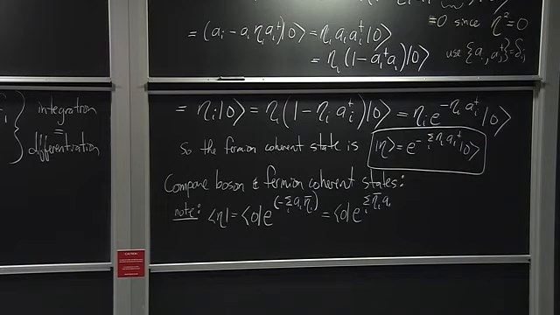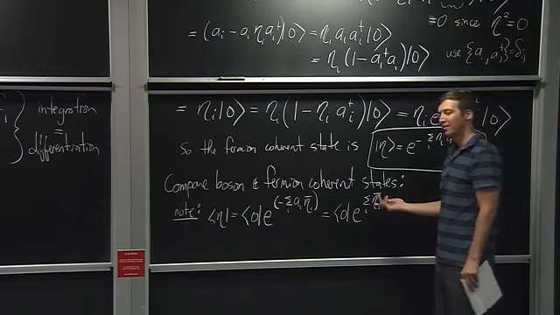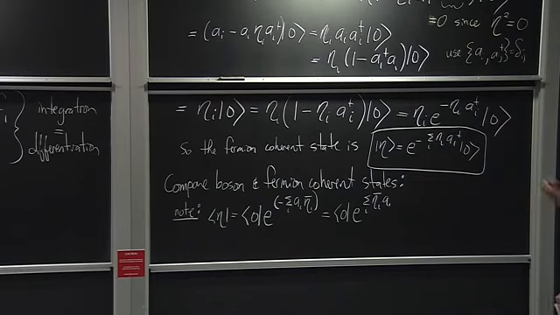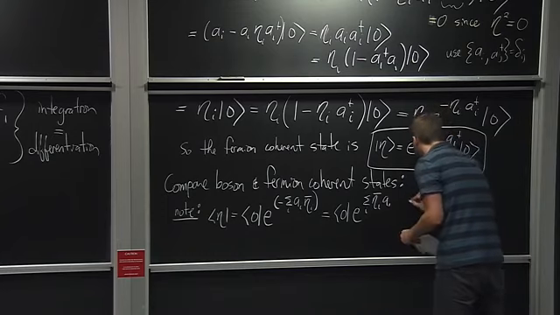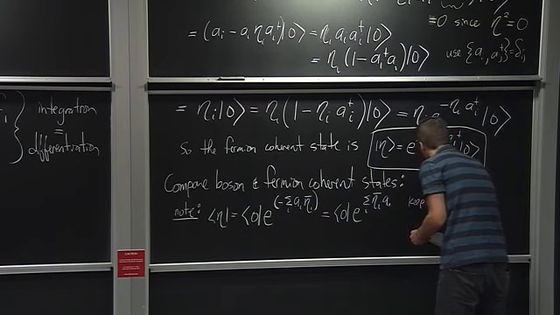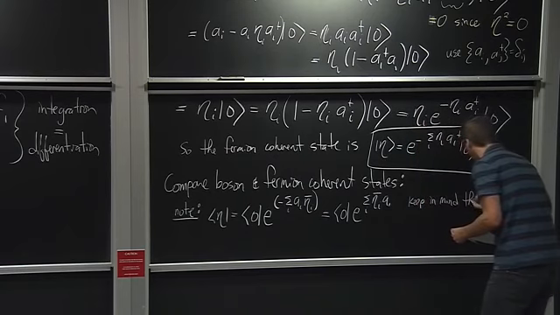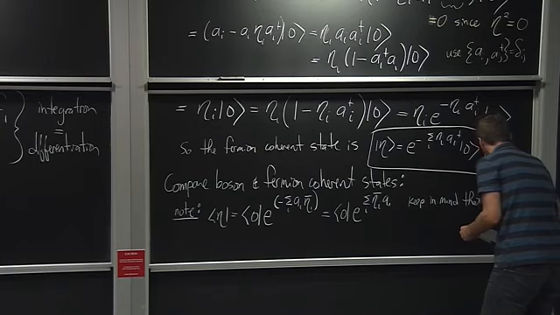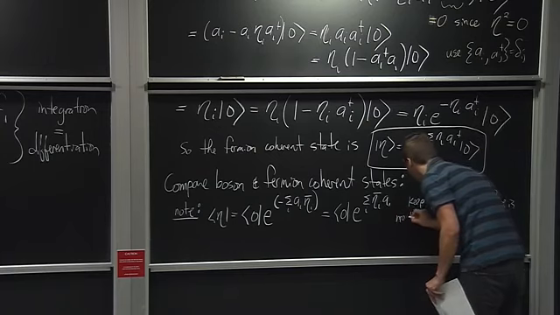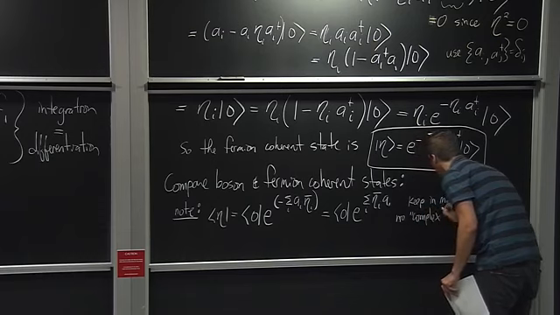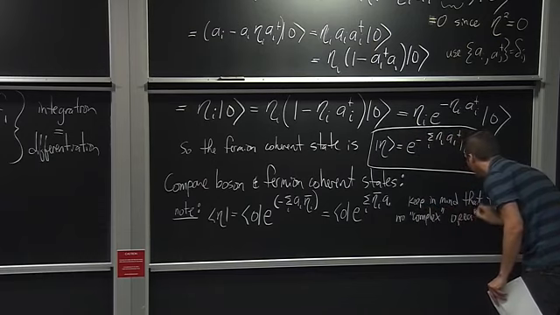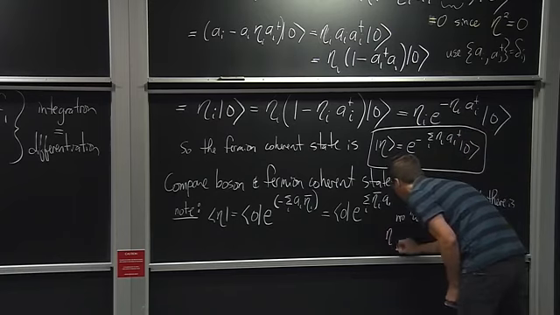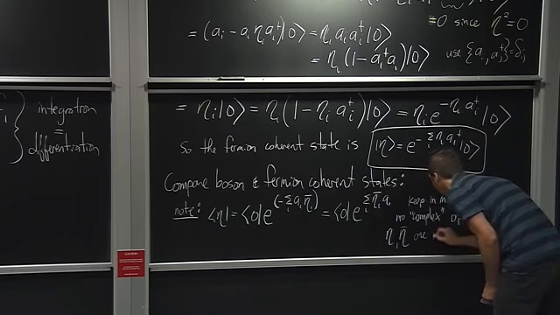Just keep in mind that the conjugate variables aren't related to the real variables, if you want to call them that, by some sort of complex conjugate. They're independent variables in the Grassmann algebra. So eta and its conjugate are independent.